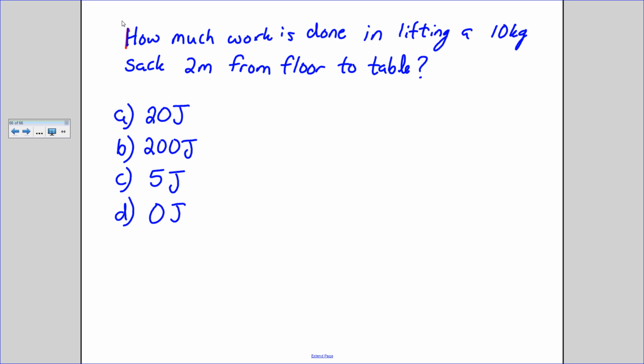What's your force? This is the force. Right, so it's the force due to gravity. I give you the mass, right? So the mass is 10 kilograms. But you have to exert a force that's equal to the gravitational force in order to lift it. So it's 10 kilograms times 10 meters per second squared. So that force is 100. So what's the work? All right, so the work is 200 joules.